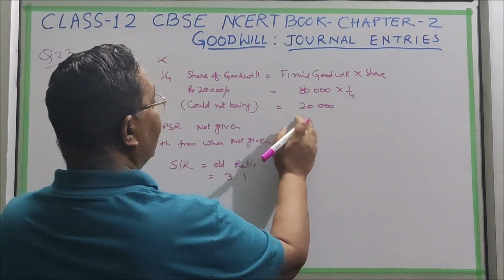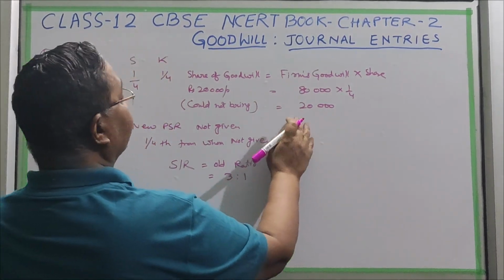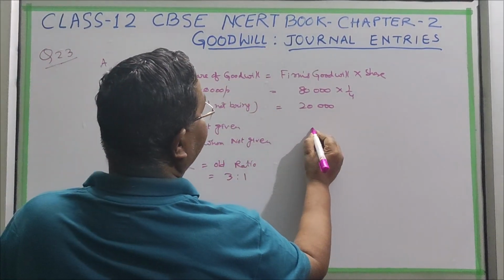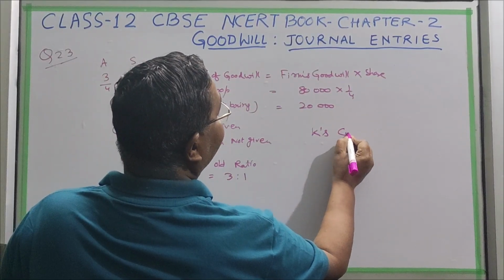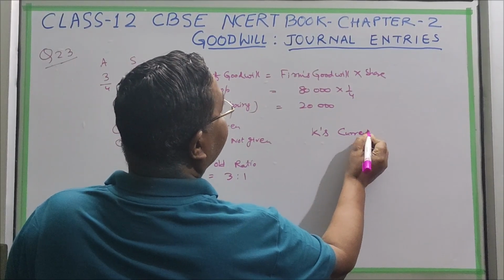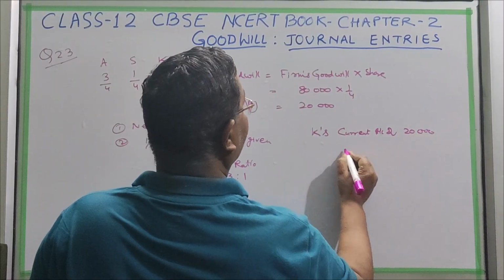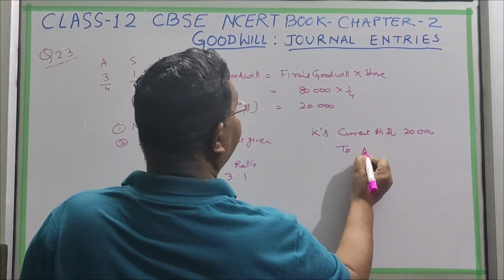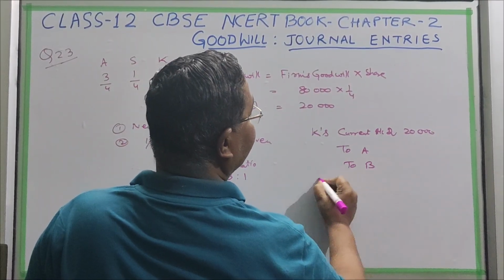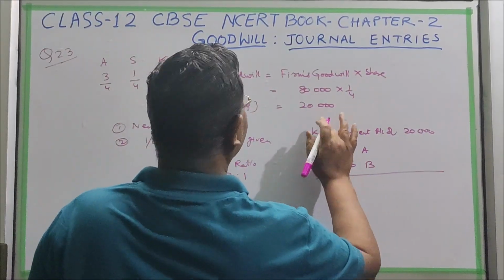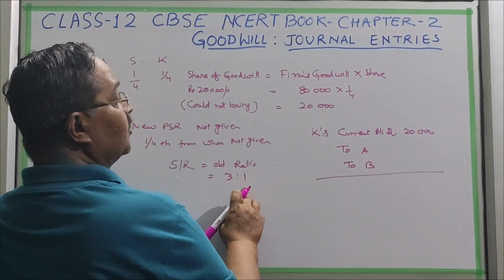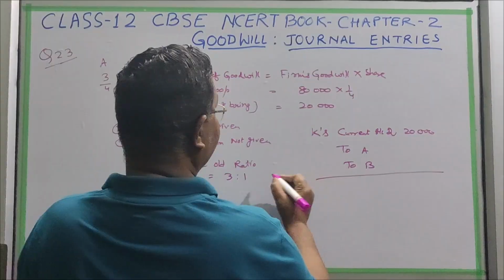So now, as goodwill has not been brought, K's current account will be debited 20,000 to A's and B's capital accounts. So how much will each get? They will get it in 3:1, their sacrifice ratio.